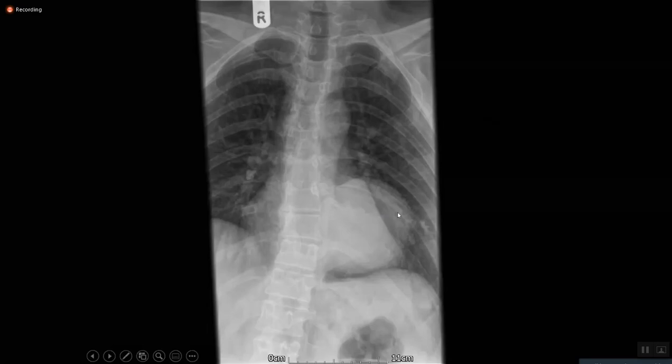Spine, anything in the spine? So I'm looking for any vertebral collapse or any absent pedicles. I can't see the left pedicle of, I think that's T10. Point it out to me.